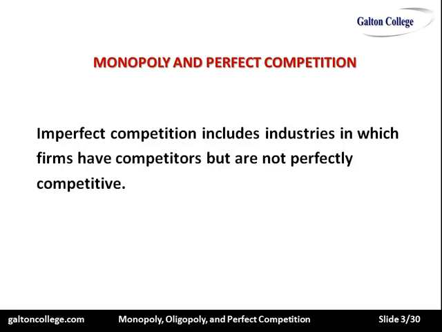Perfect competition has a large number of producers, and each of the producers is a price taker. They have no influence over the price, and for that matter they're selling a homogeneous product.